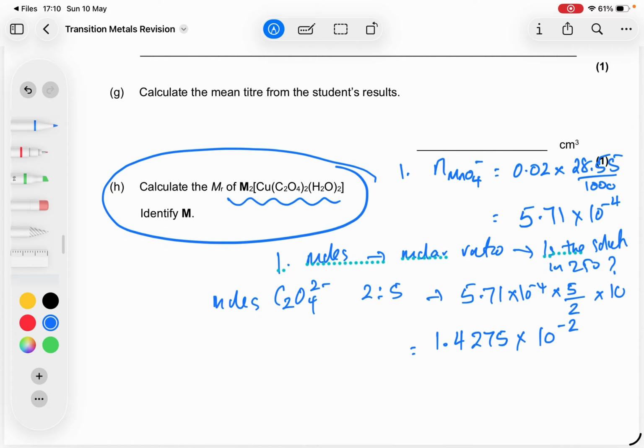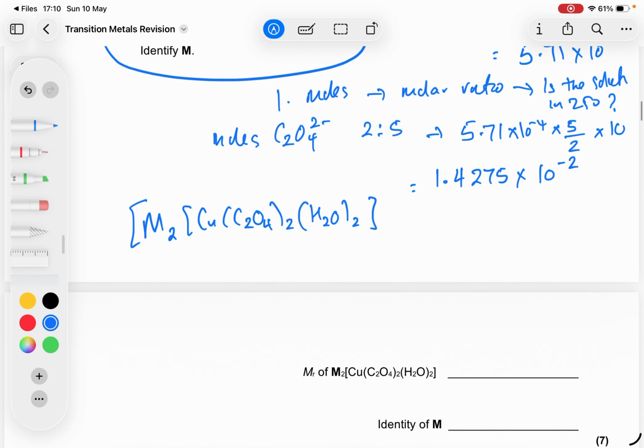Now comes a really important thing. The complex is M2 Cu (C2O4)2 with H2O there. It contains 2 C2O4 2- ions.